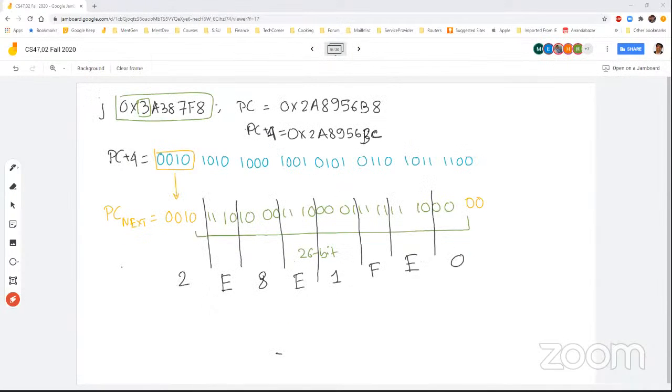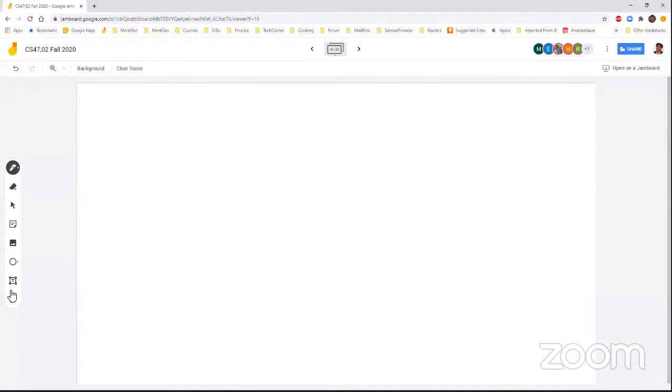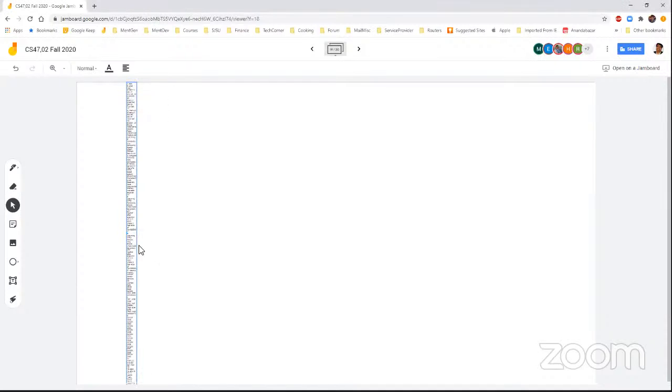For that, let's pick up an example from the problem set. It is in your problem set number 3, lecture 5 to 12. You need to add a symbol table for this program.